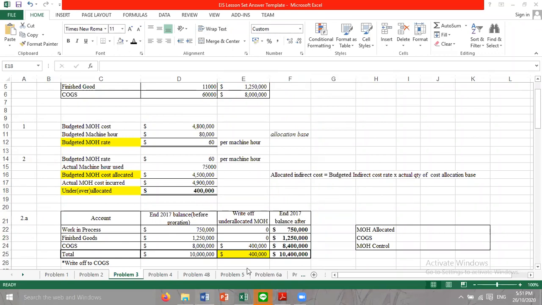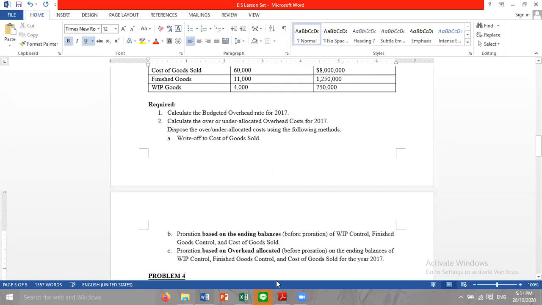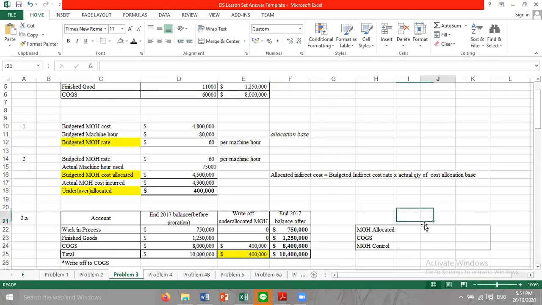Now in the question, we're also asked to make the journal entry, if I remember. Okay, no, never mind, it's not asked, but if we had to make a journal entry, remember it would be debit MOH allocated, debit cost of goods sold, and credit MOH control.